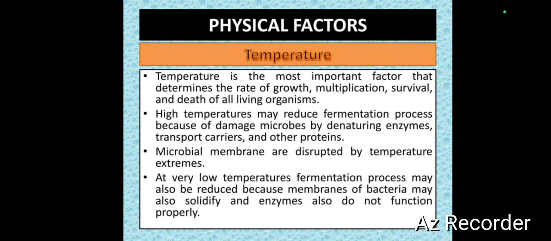Microbial membranes are disturbed by temperature extremes. At very low temperature, the fermentation process may also be reduced because the membrane of bacteria may solidify and enzymes do not function properly.